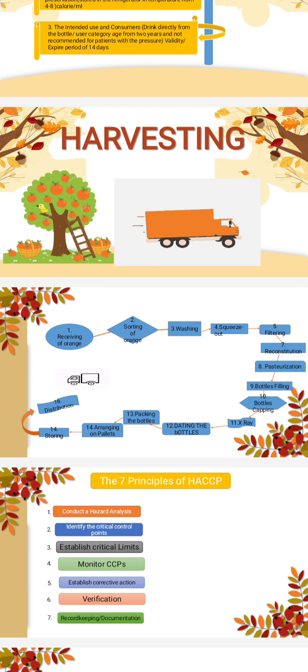Number 15, the storage of these pallets, and we must take care of the temperature control in this warehouse and for massive distribution. This is the brief of our flow diagram, number 1 to 16.